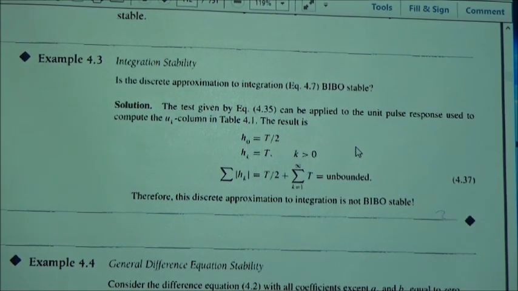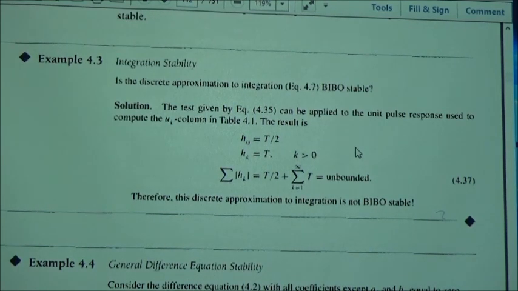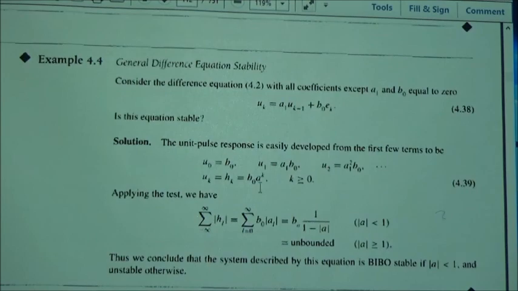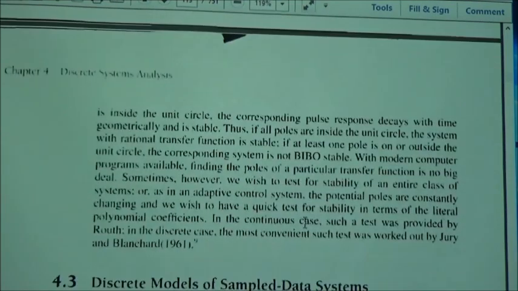So what I'm advocating to you, go directly to the Z domain, look for the poles, and then look at the bounded value of the input. If the two match together, you have BIBO stability. Here's another example using the same brute force approach, which gives you an unbounded case.